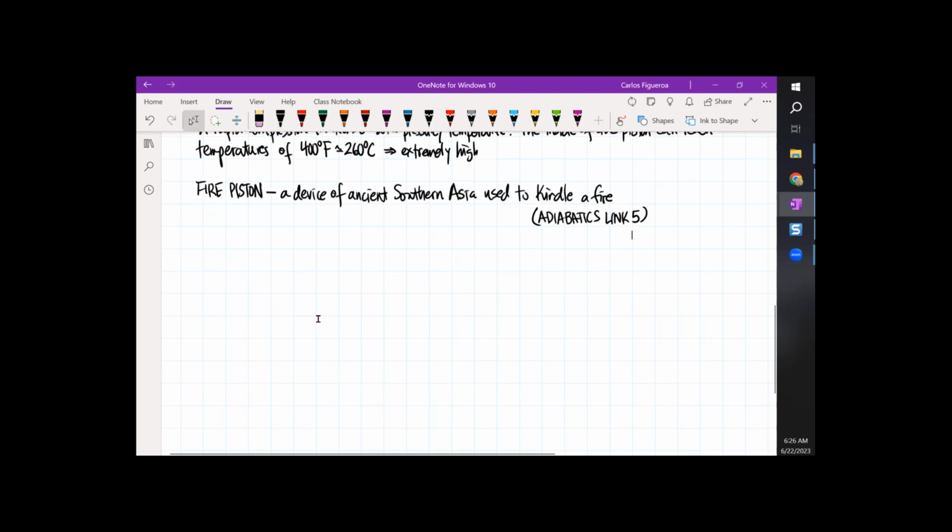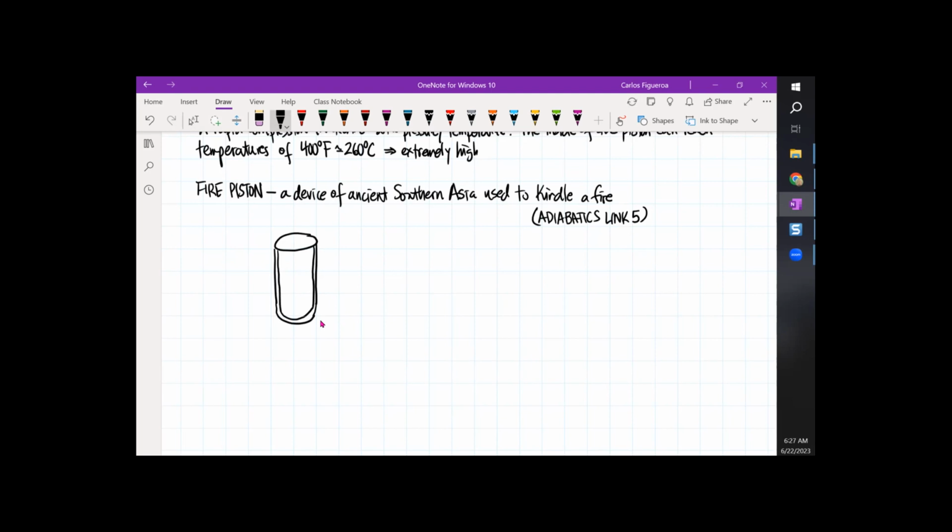So picture-wise, it looks something like this. You have a piston head. Let's see how well I draw this. I imagine that I have a piston head like this, and I need to insulate this thing. So the way I insulate it is that I have a plastic or a glass wall to the piston here.